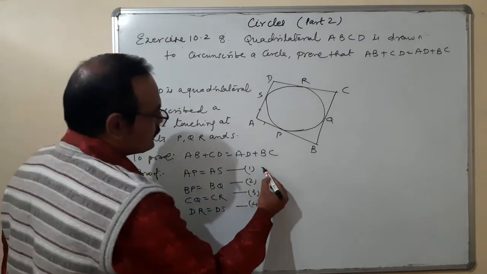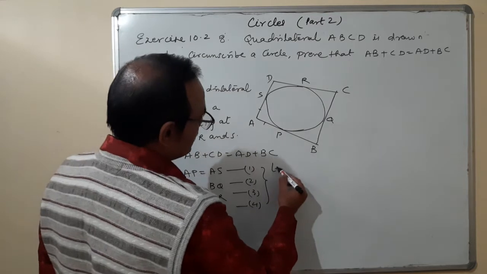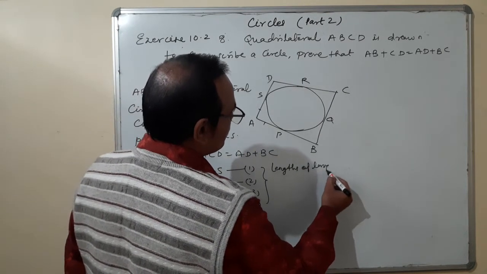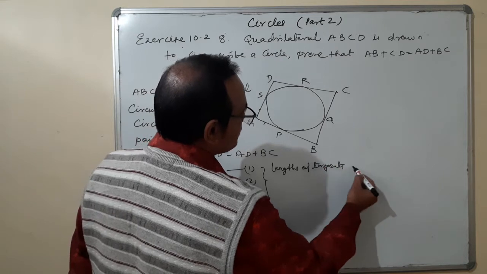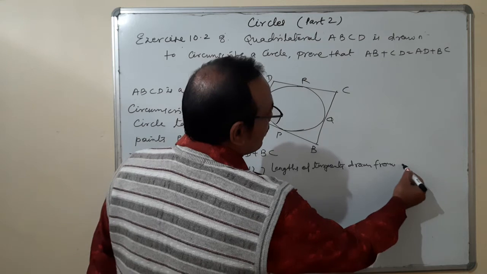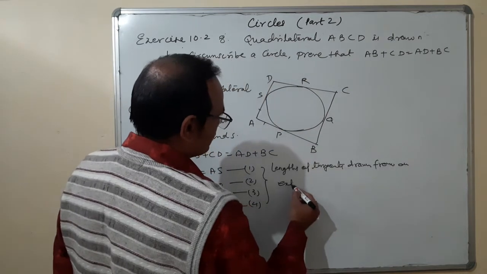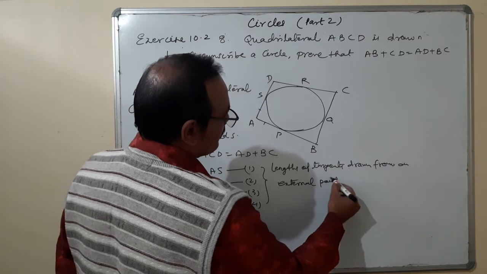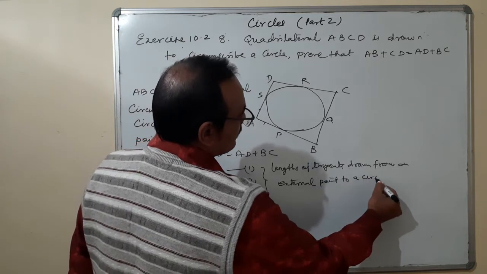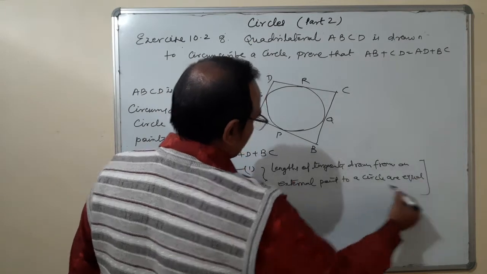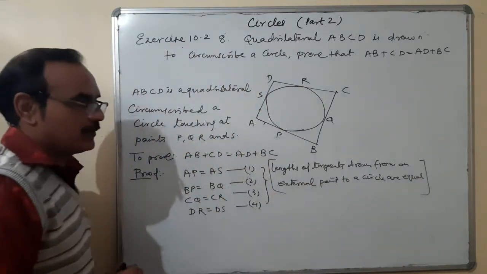And what is the reason behind all these 4 equations? Lengths of tangents drawn from an external point to a circle are equal. This is the reason for all these 4 equations.